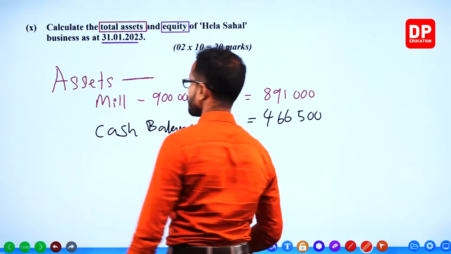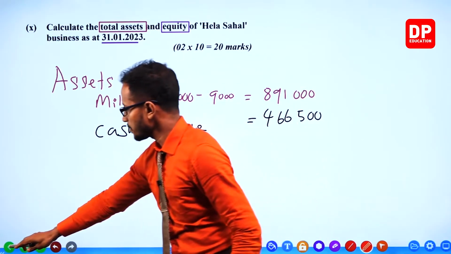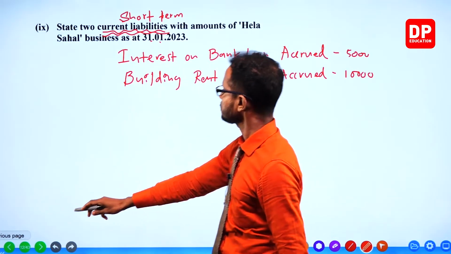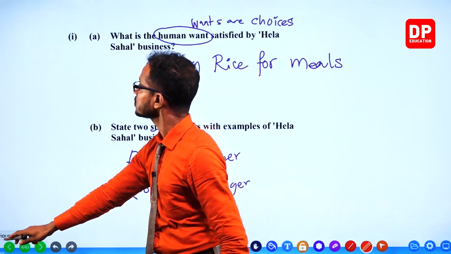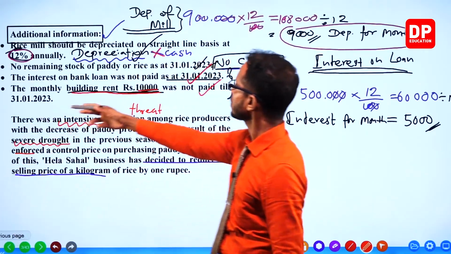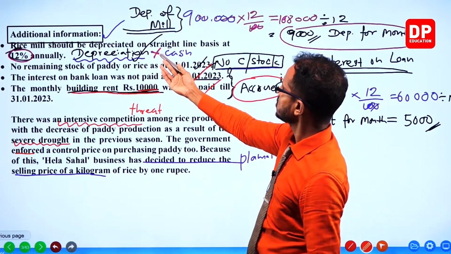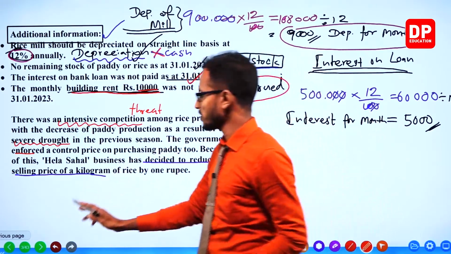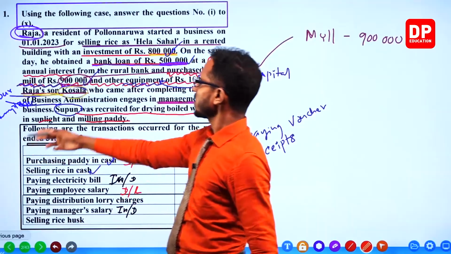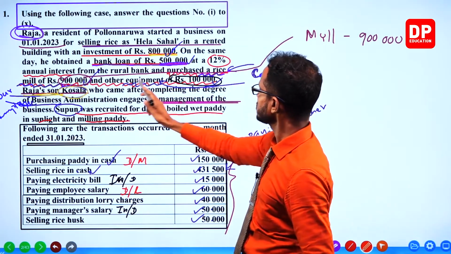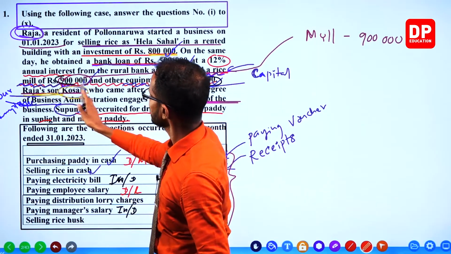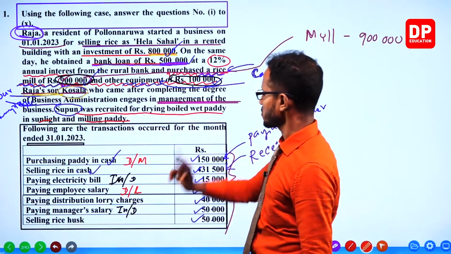What else is there? I remember there was equipments, right? Equipments, depreciation. No, we don't have to depreciate equipments. This was the equipments, like the mill equipments 100,000.